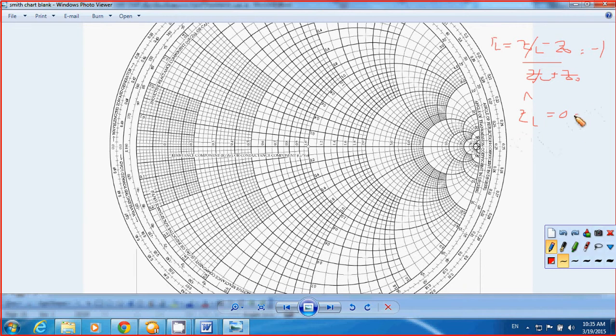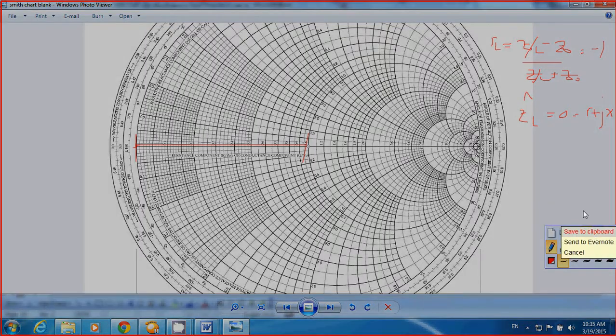Whereas this is R plus jX, right? Where is your R? Well, your R becomes 0. I told you that R equal to 0 starts from here, and X becomes 0. So the next step is to draw, this is the reference point, the center of the Smith chart. You draw the vector here, or you don't have to draw at all. So the magnitude of your tau is, this is the full scale. The magnitude has become 1, right?